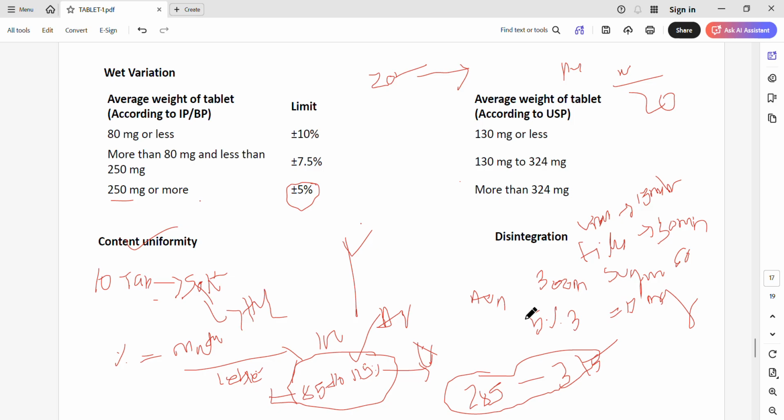For enteric coated tablets it is 2 hours. For dispersible tablets it is less than or equal to 3 minutes, and for effervescent tablets it is less than or equal to 5 minutes.